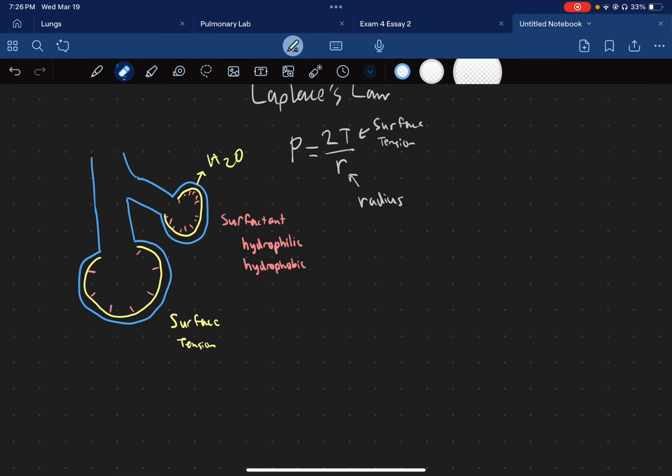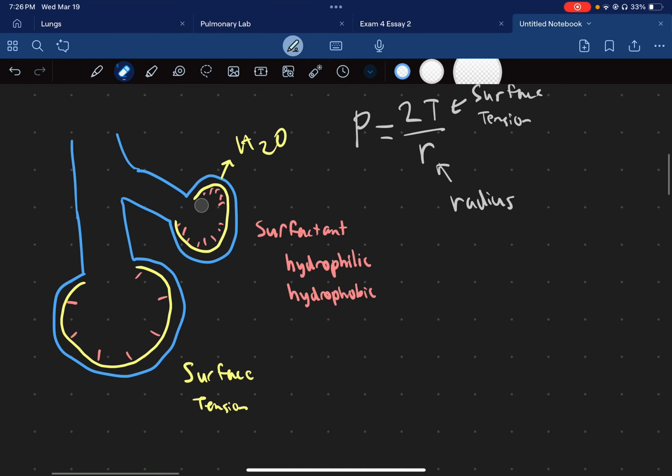So like I said, if we were to get rid of this surfactant, the water, when it gets close together, is going to be attracted and it will collapse on itself.